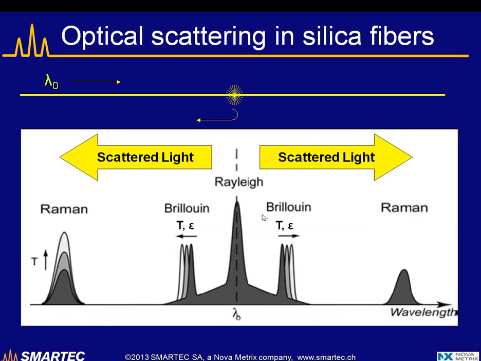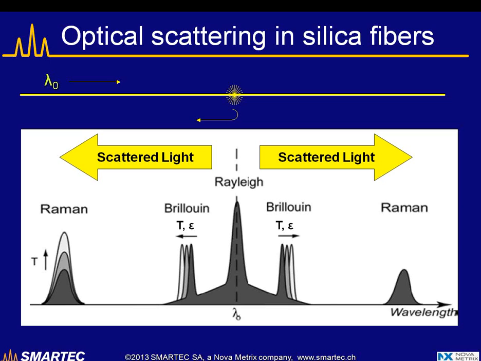If we now analyze the wavelength content of that backscattered light, we find the original wavelength, lambda 0, that was sent by the laser, but we also find some new components called the Brillouin and Raman scattering components that were not present in the original signal and were created by an interaction between the light and the molecules in the optical fiber.